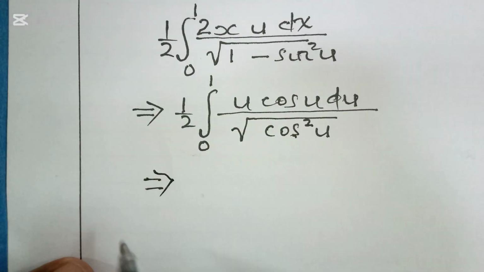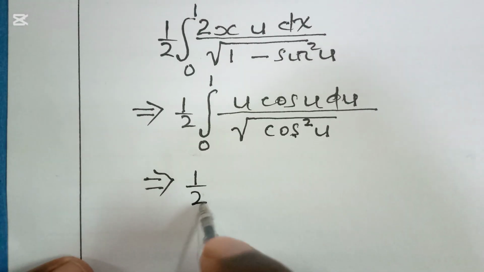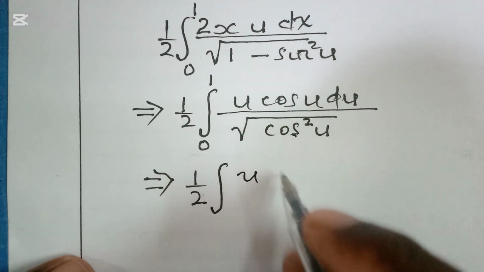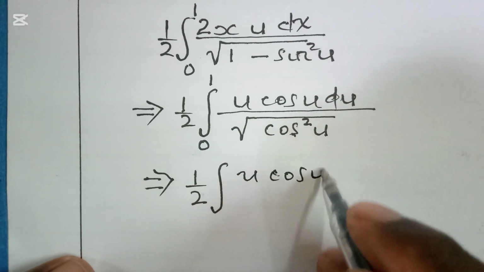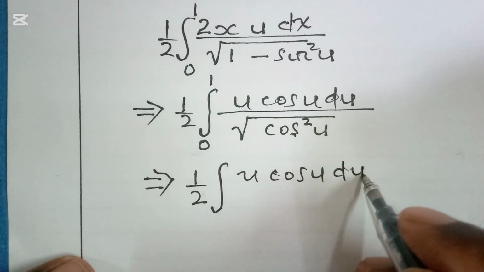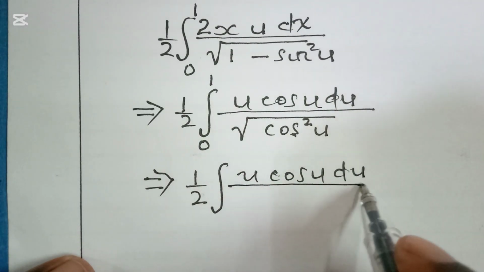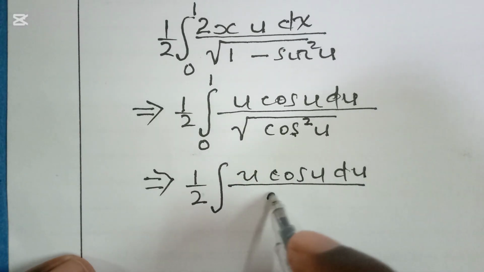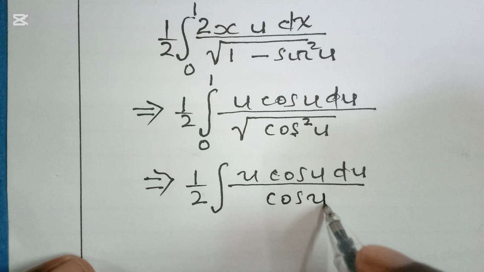So we shall have a half integral of u cos u du all over the square root of cos squared u, which now gives us cos u.